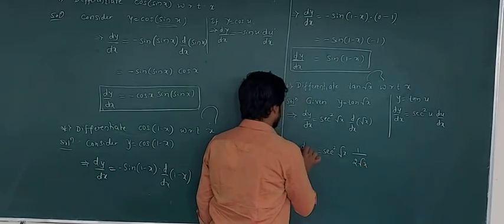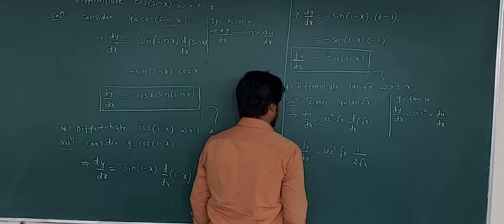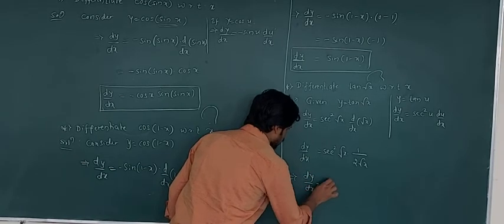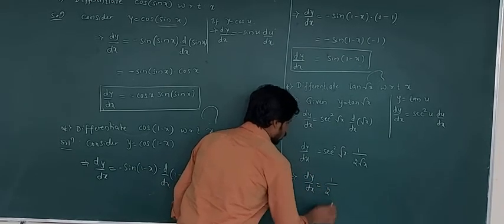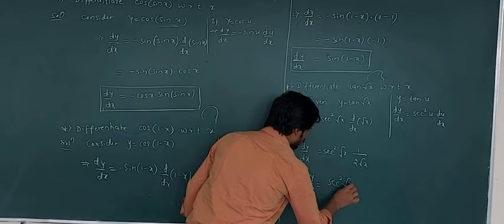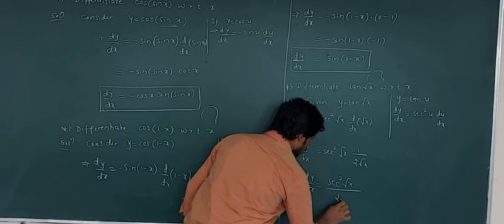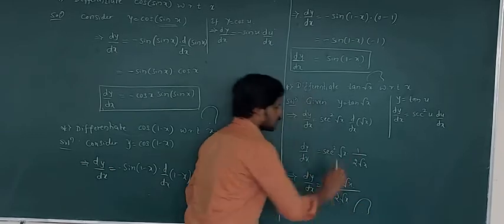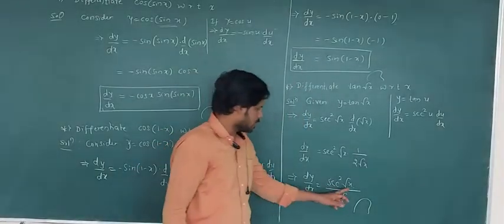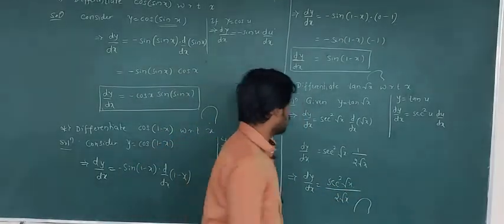So this is our solution. That is dy by dx is equal to 1 upon 2 root x or secant square root x divided by 2 root x. Okay, don't cancel here root x because this is an angle, this is a value. Okay, write it down.